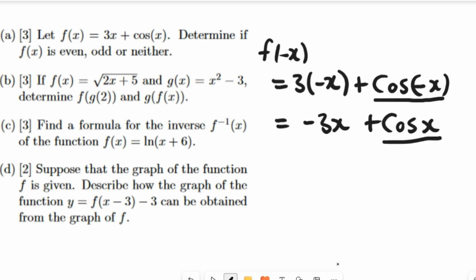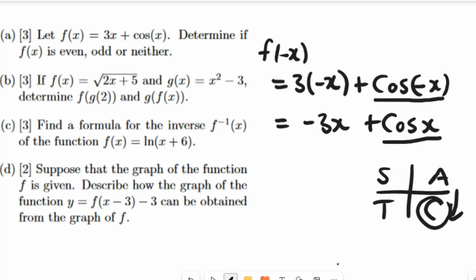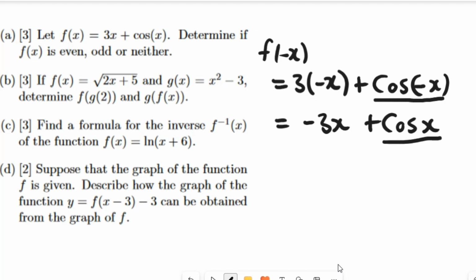On your sketch of the CAST diagram, if you want to measure a negative angle, you go this way. Cos is positive in there, so it cannot be negative cos of that angle. Again, if you draw your cos function, it's something like this.